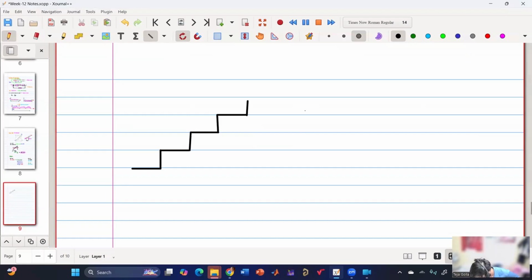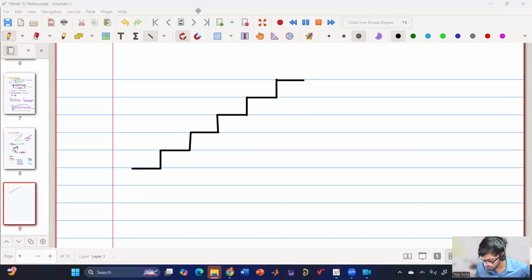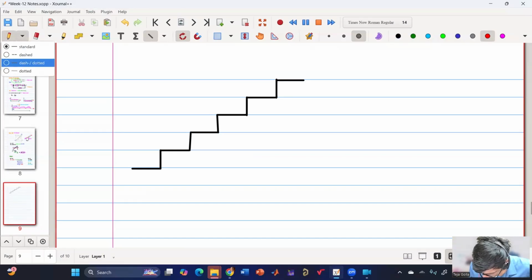Anyone, any idea? Okay, someone has mentioned in the chat: control voltage oscillate. Very good, Riddhi. Say my control voltage is this.